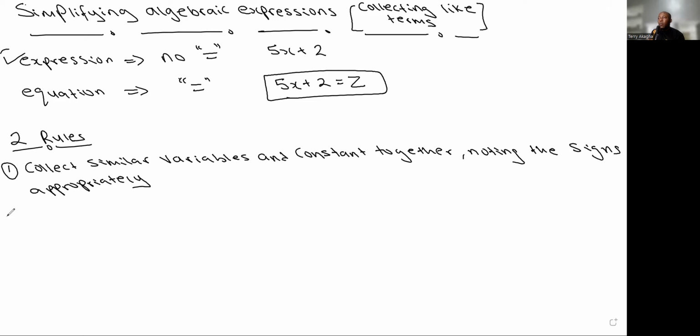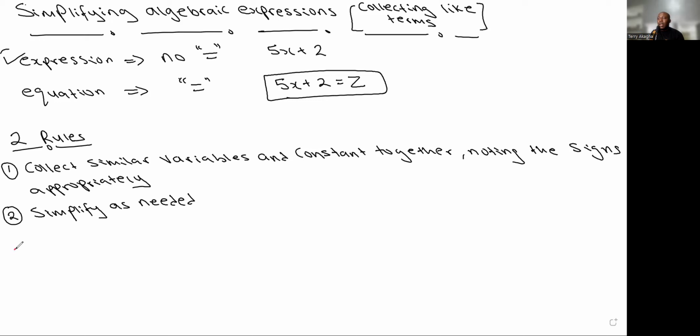Then when you've collected the similar variables and constants together, the next thing you have to do is simplify. In some cases you might not necessarily need to simplify, so I'll just write simplify as needed. Depending on the kind of question you have will determine if you need to simplify.